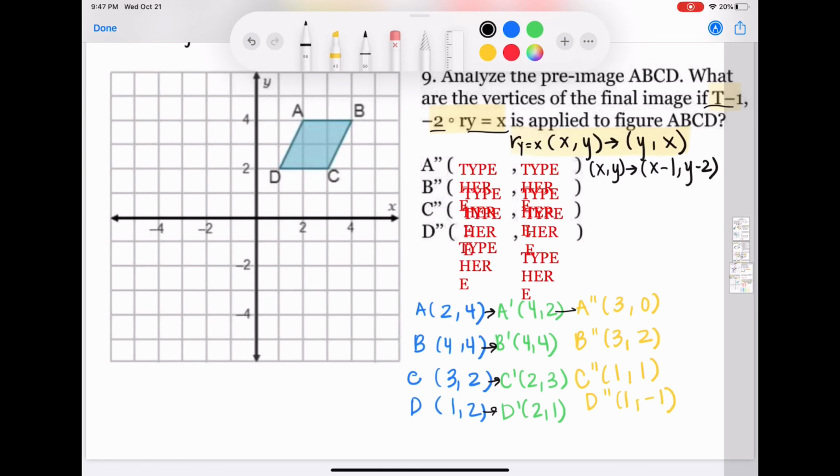And then after we did that, we completed the next mapping rule, which told us to subtract 1 from x and subtract 2 from y. And as a result, we found the resulting coordinates of our final image after that composition of transformations.